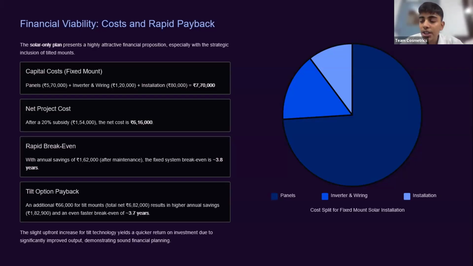Now you will ask how? Each month the school pays 14,500 as the electricity bill. That adds up over 12 months for a single year, and after we divide all of this, it will break even in 3.8 years, getting back the money that we took as an investment.